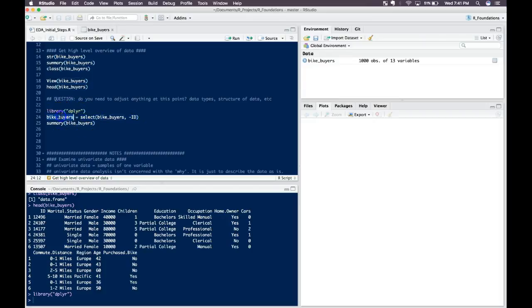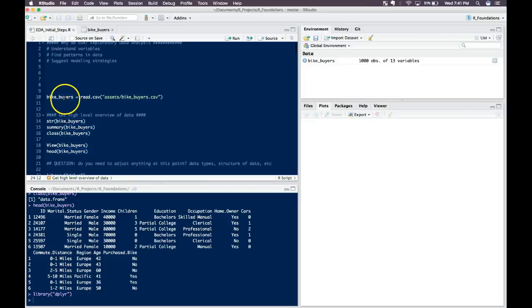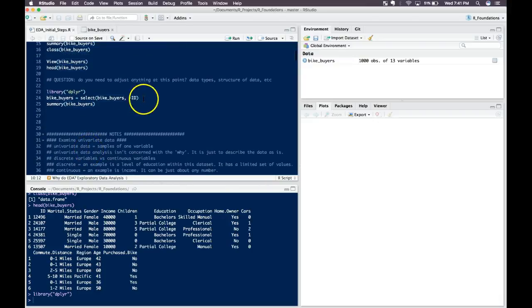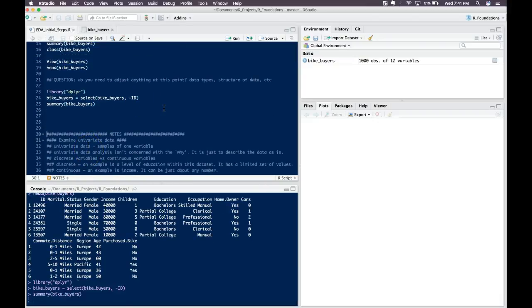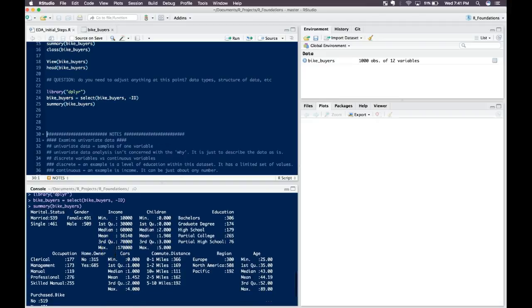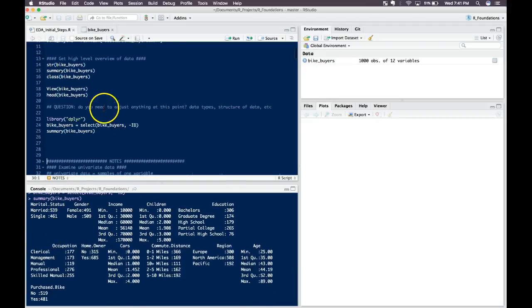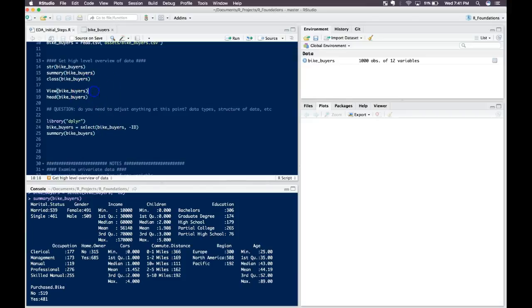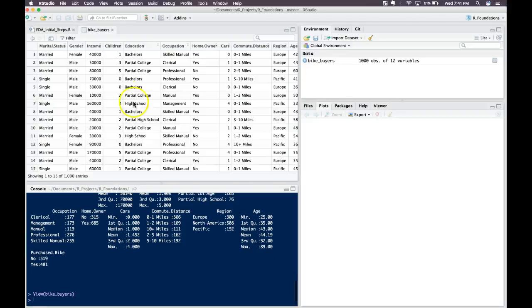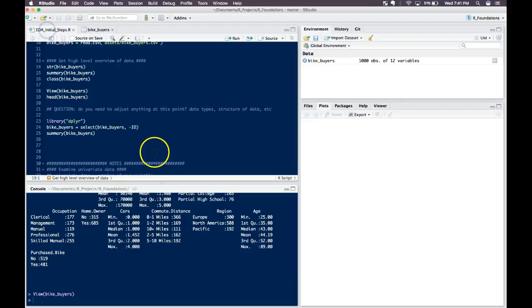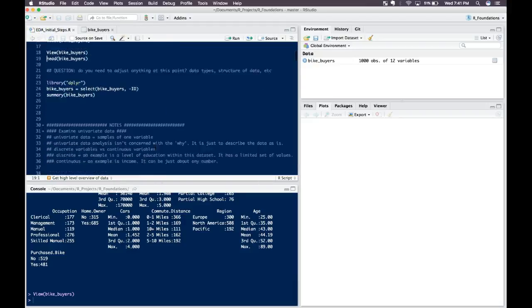We're going to overwrite bike buyers, which is the original name of the data set here. So let's drop that column. Let's look at summary, make sure it worked, and it looks like ID is no longer part of the data set. And something else we can do, we can come up here to view, we can look at it just to double check, and it is gone for sure. So that's what we want.